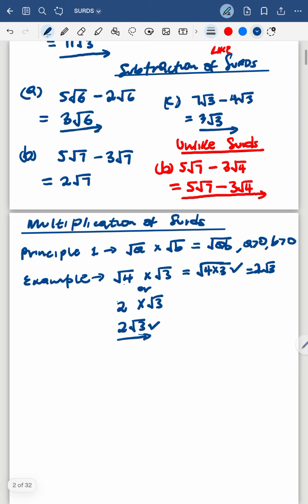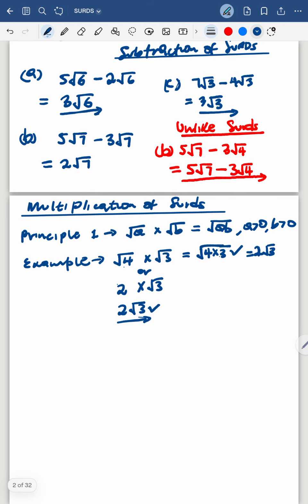Now, let's come to another principle. Principle 2. In principle 2, if you have a square root that is squared like this, it means it is equal to root A multiplied by root A, as normal, right?